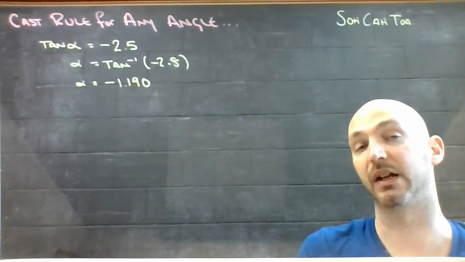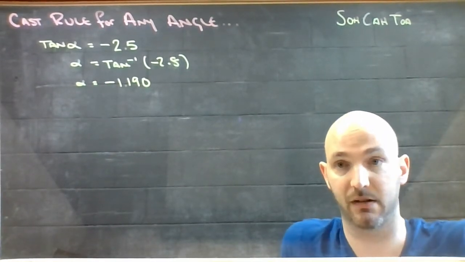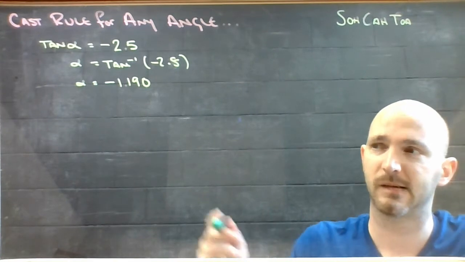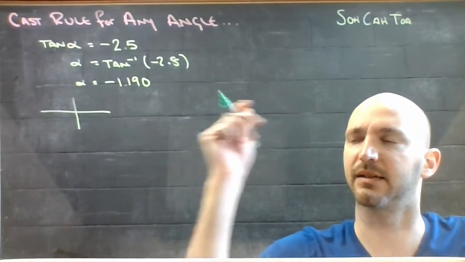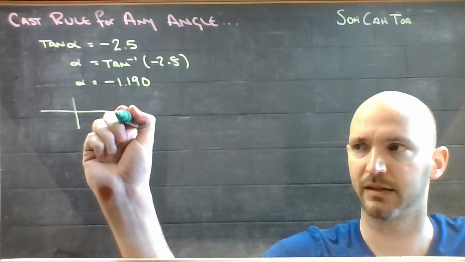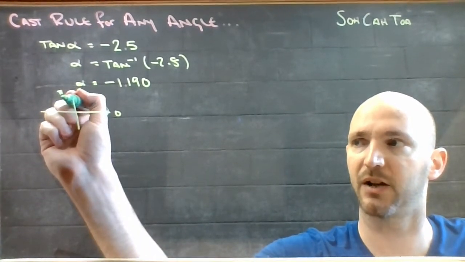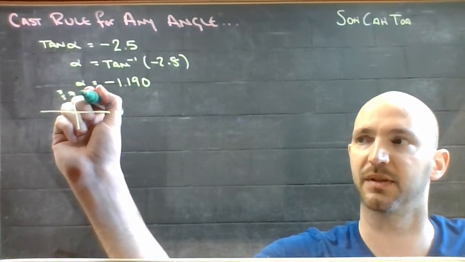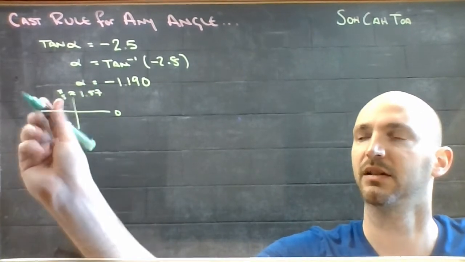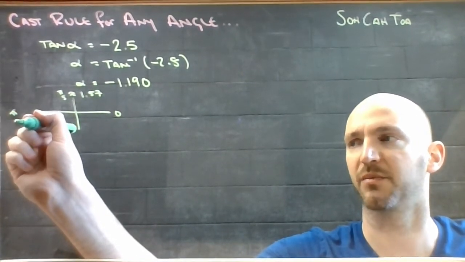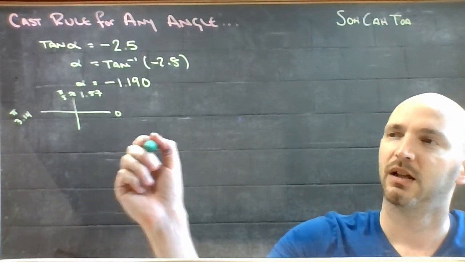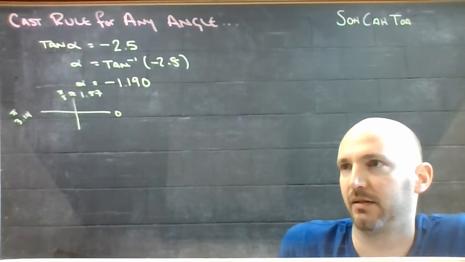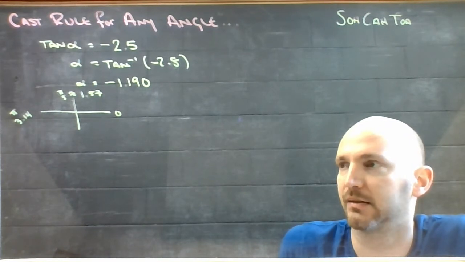Now that's strange. It spat out a negative answer. So if I put these things on here, 0, that's pi over 2, which is approximately 1.57. This is pi, which is approximately 3.14. I've got a negative. Well, what do you do with that?